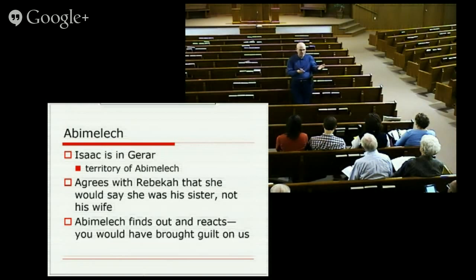He doesn't follow God. He's a heathen out here. To me, it's a very interesting reaction that Abimelech had, that if he or one of his people had slept with Rebekah, it would have been wrong. How about that? Why would this heathen king care?